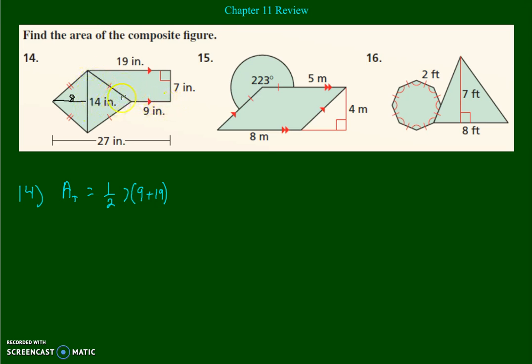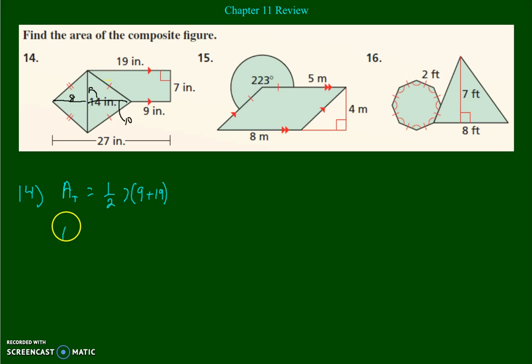This distance from here to here is going to be 19 minus this distance. 19 minus 9 gives us, let's see how we can write this. This 14 goes to this, and this distance from here to here is going to be 10. Now we have this diagonal. So we should be in good shape to go ahead and calculate our area.